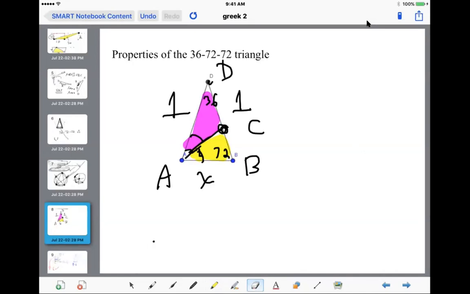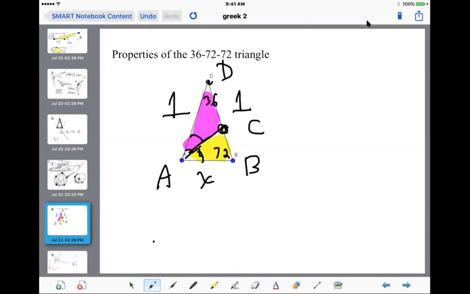Wouldn't the angles from where you drew that little point be the same? Yes. So what are those? Hold on. What was the angle before it got split in half? A was 72, so if you divide it by 2, it gives you 36 on both sides because you did a bisector. That's right.